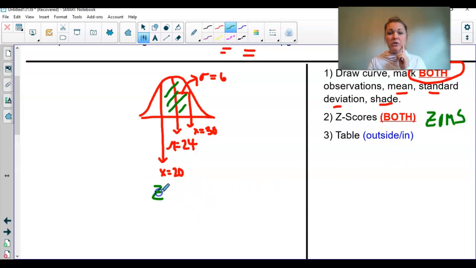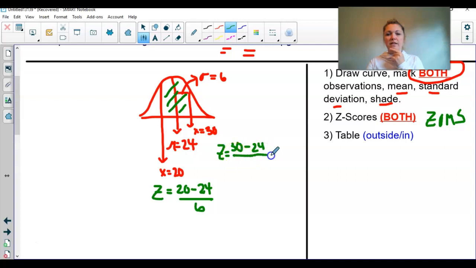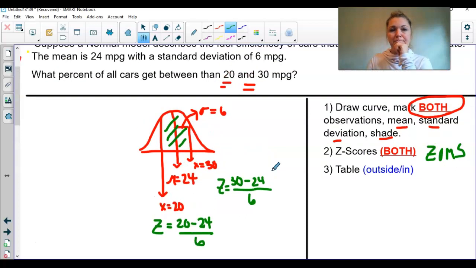Z is equal to our observation, 20, minus our mean, 24, divided by our standard deviation. Again, we're going to do it over here. Z is equal to 30 minus 24 divided by our standard deviation, 6.